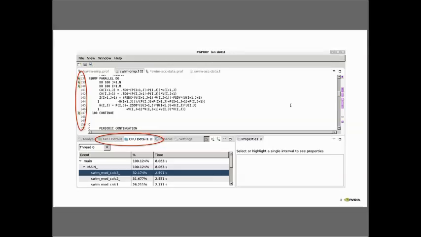So a screenshot that's shown here, again, it's not just for profiling GPU code. PGPROF can also allow you to investigate CPU details, but it's very much in the same style that you would for GPU. And in this case, that happens to be an OpenMP parallel code.